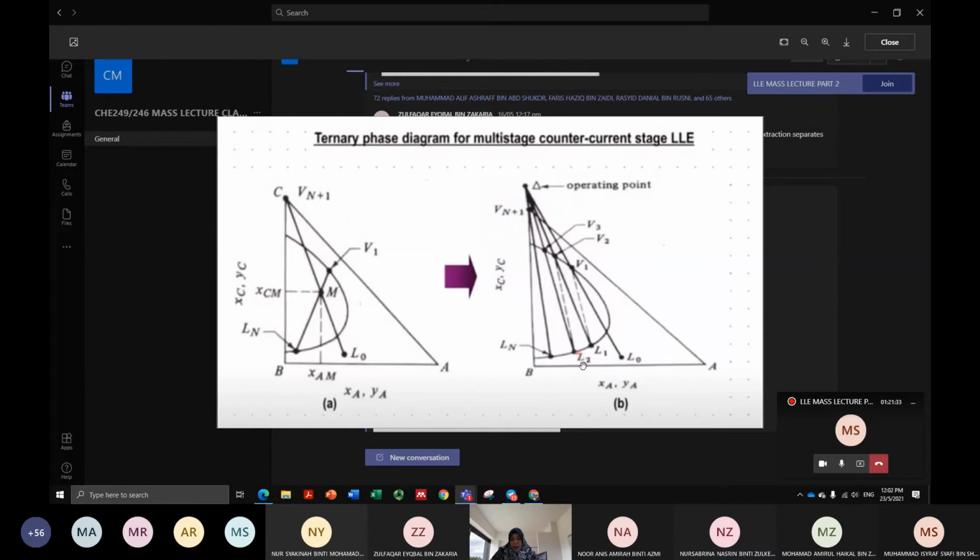Now, how do you get L2? Because you need to draw the tie line between V2 and L2, and you don't have the L2.